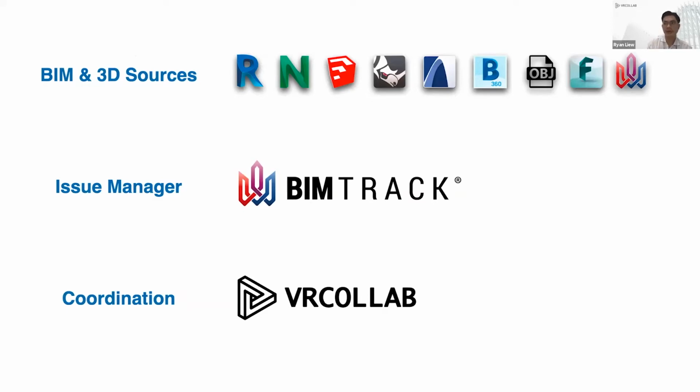Regardless of where you get your BIM or 3D model, you can select BIM Track as your issue manager and do your coordination in VRcollab. Not only the models, but the corresponding issues will be brought directly into VRcollab, and then you have all the nifty features, and the issues created in VRcollab will be synced back to your BIM Track project.